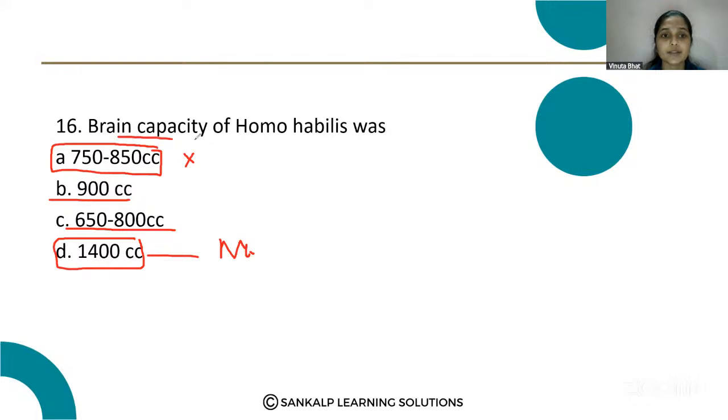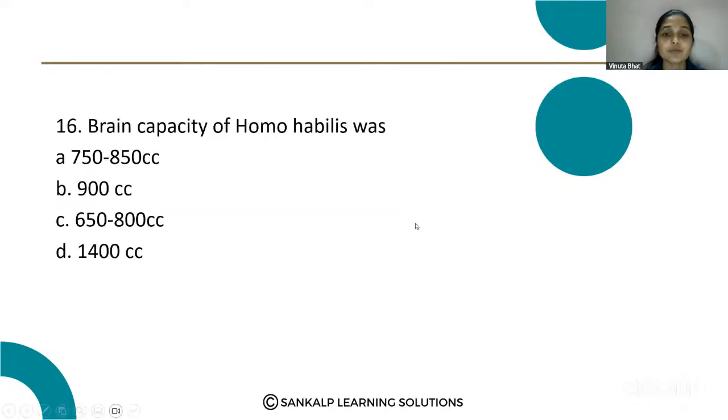The brain capacity of Homo habilis is option C, 650 to 800 cc.